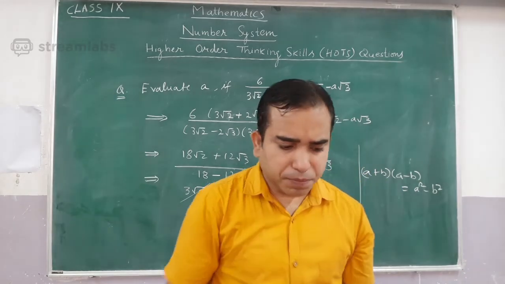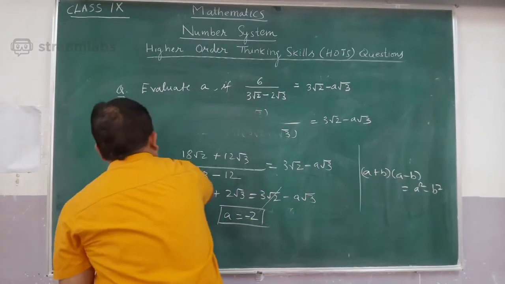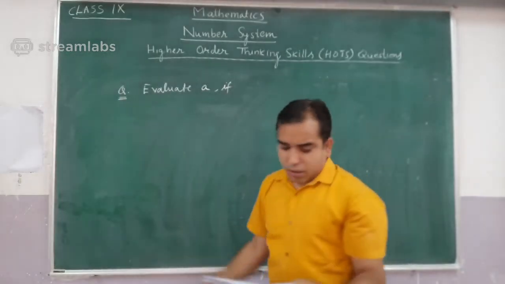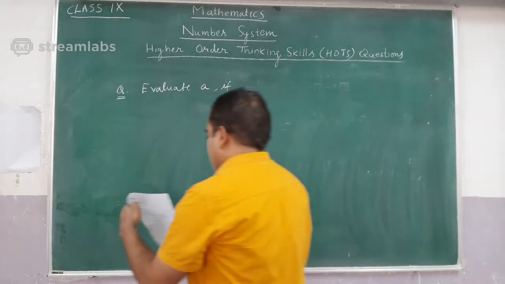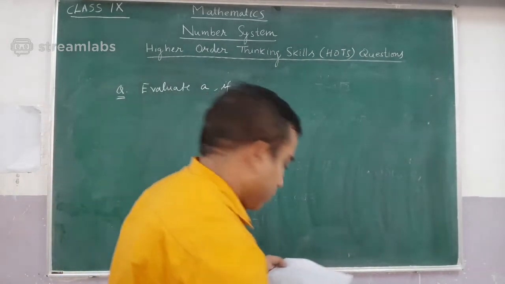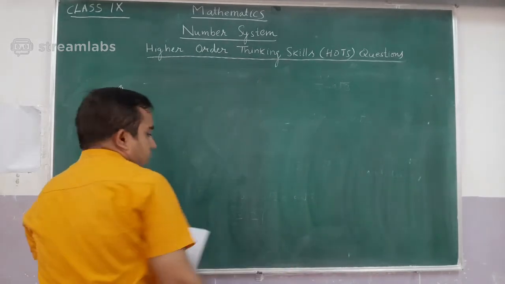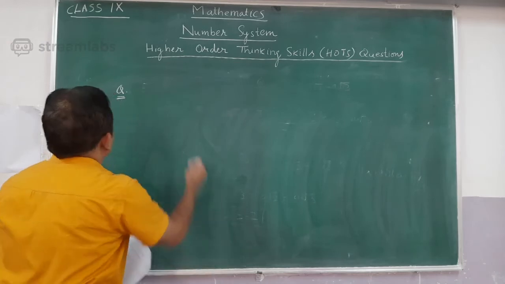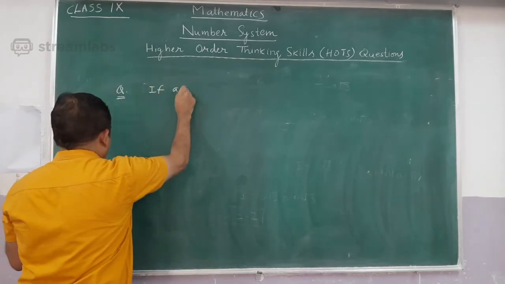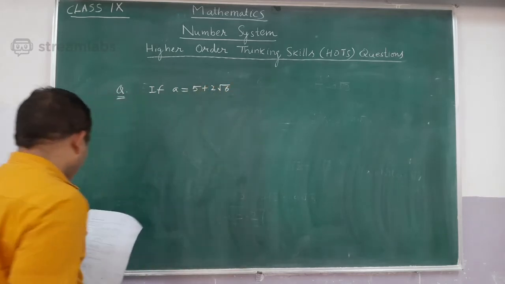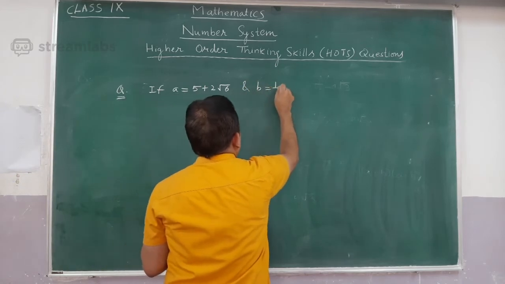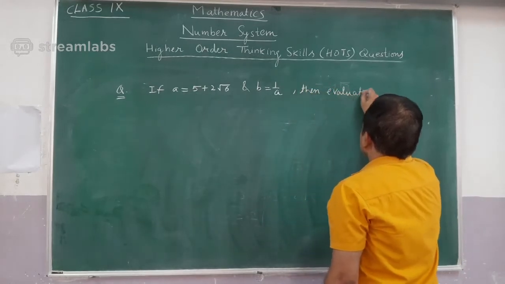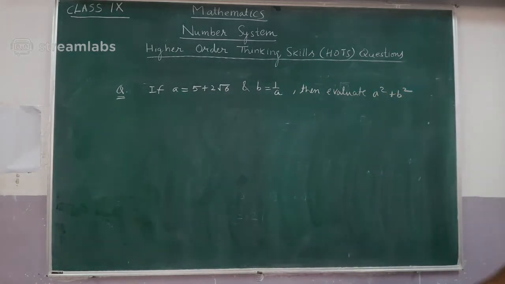Similar is one more question. Yes, here if A is 5 plus 2 root 6 and B is equal to 1 upon A, then evaluate A square plus B square, right?